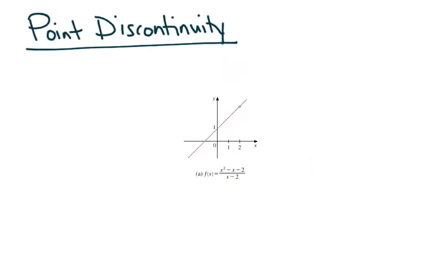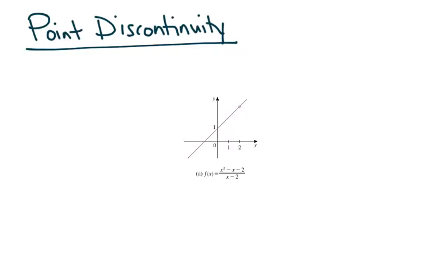The last type of discontinuity is called a point discontinuity. In Algebra 2, we talked about something called rational expressions. So this is the graph of x squared minus x minus 2 over x minus 2. And I want you to notice that the graph is just a straight line, but there's a little hole in the graph.